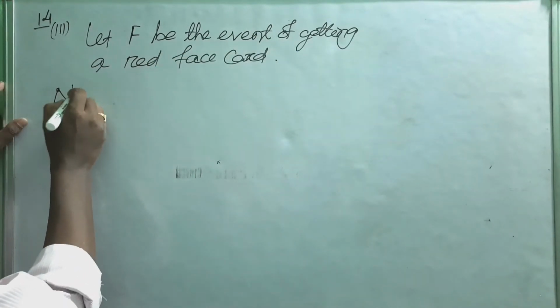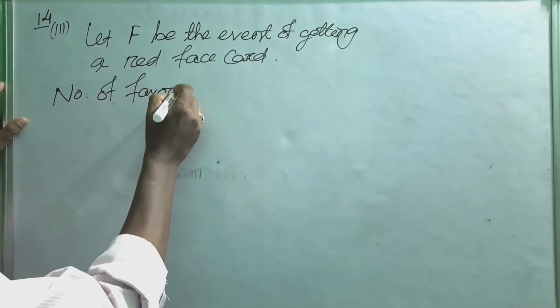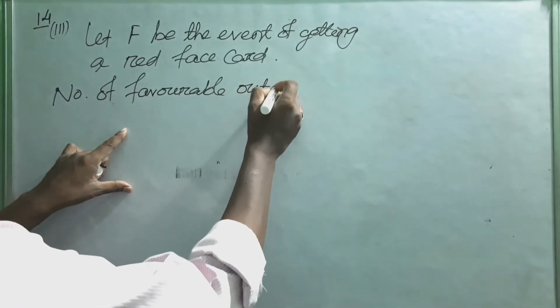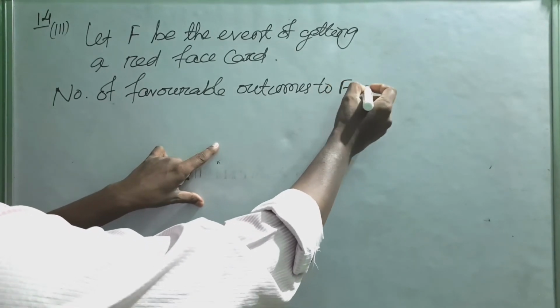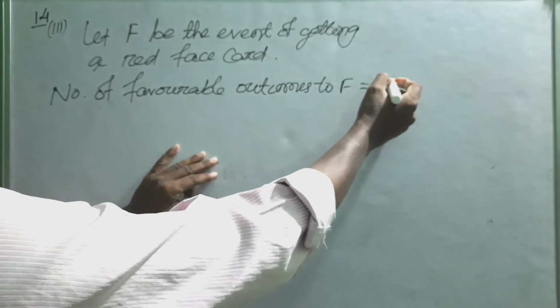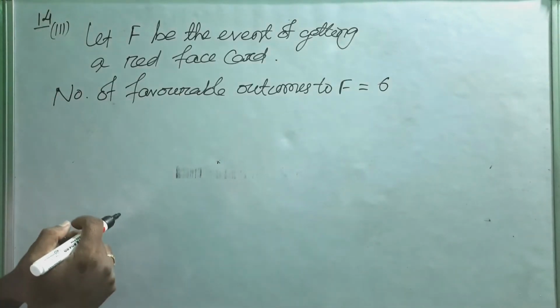Then the number of favorable outcomes to event F is how many? 6. 6 face cards are red in color.